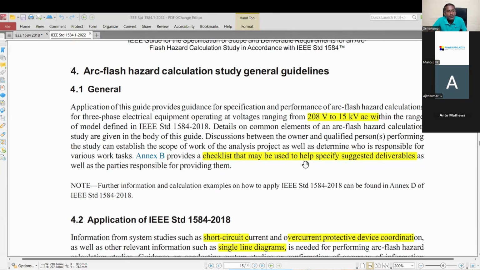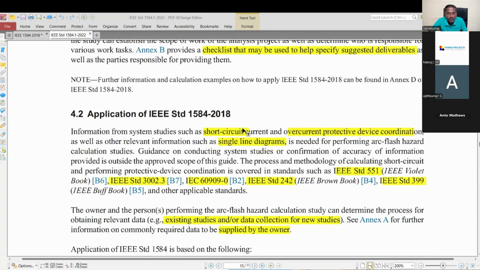Annexure B provides a checklist that may be used to help specify suggested deliverables. As a part of IEEE 1584.1, there is an Annexure B. We will go through that Annexure B, which provides a checklist. For the standard IEEE 1584, you need to perform short circuit, you need to have protection device setting coordination, and you need to have a single line diagram. Short circuit per IEEE 551, and you can instead use 60909.